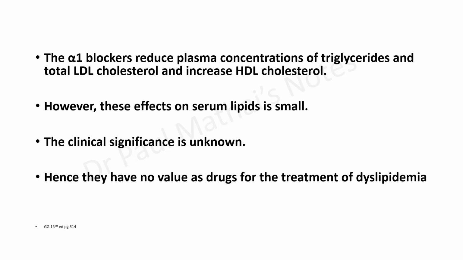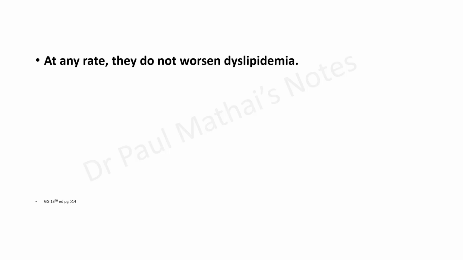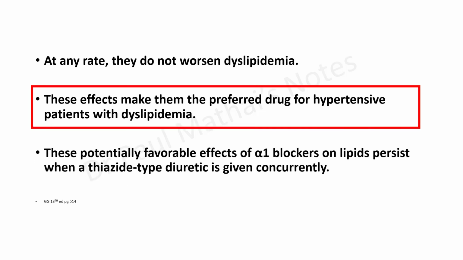Hence, they have no value as drugs for the treatment of dyslipidemia as such. But at any rate, they do not worsen dyslipidemia, and these effects make them the preferred drug for hypertensive patients with coexisting dyslipidemia. These potentially favorable effects of alpha-1 blockers on lipids persist, even when a thiazide-type diuretic is given concurrently.